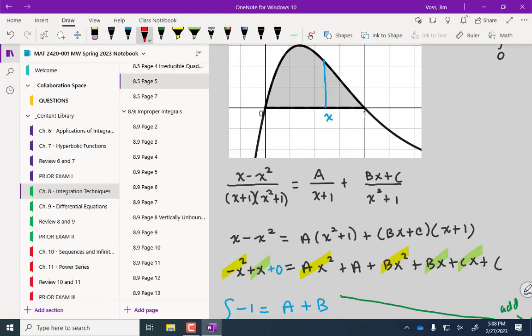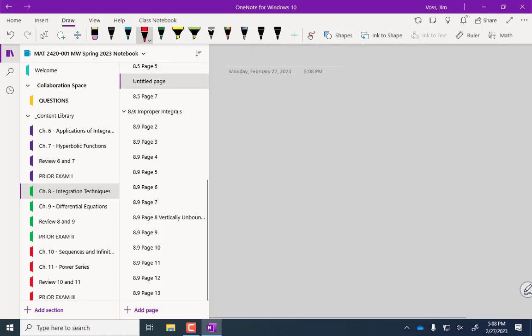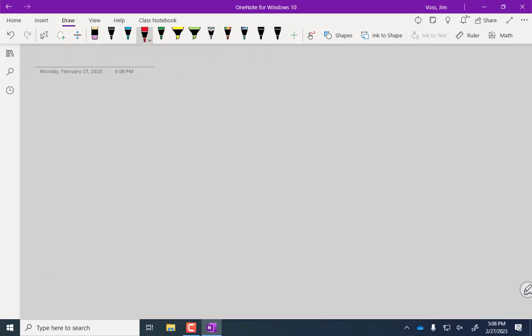I said slightly different, not dramatically different. So I want you all to write down, let's take a look at this integral, and I want you to write down the partial fraction setup.